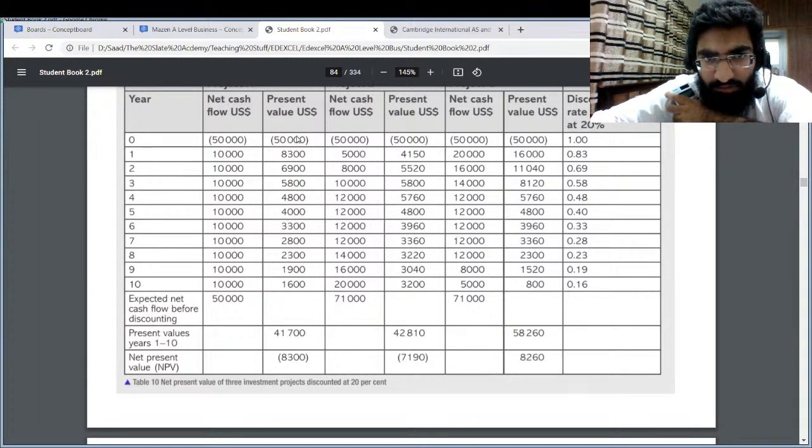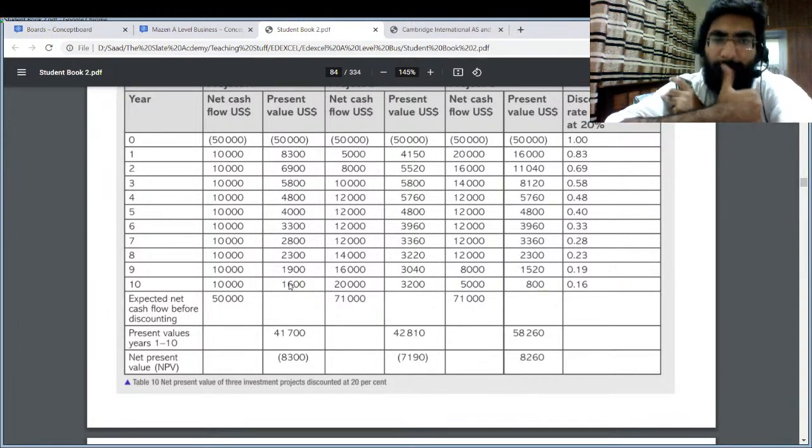Add all of them from year 0 to year 10. $41,700.